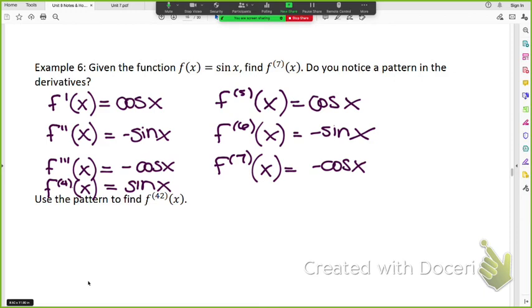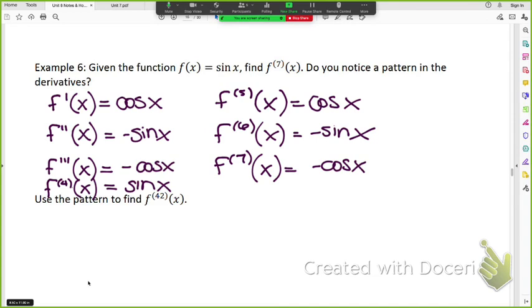So it might sound ridiculous that I say, what is the 42nd derivative? It's like the imaginary numbers in Algebra 2 where they say if you see the pattern in the i cubed and the i to the 4th and all of that. Oh, this is like the i's. Yeah.